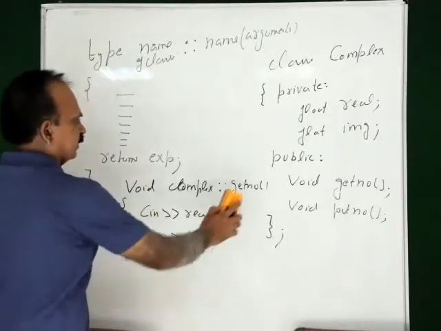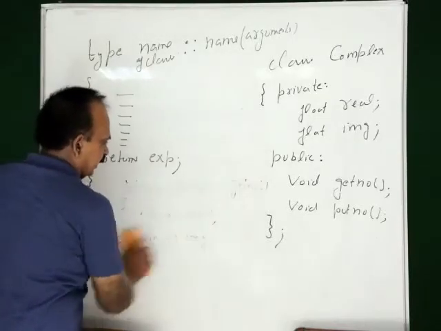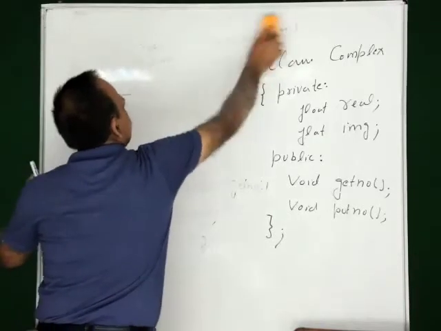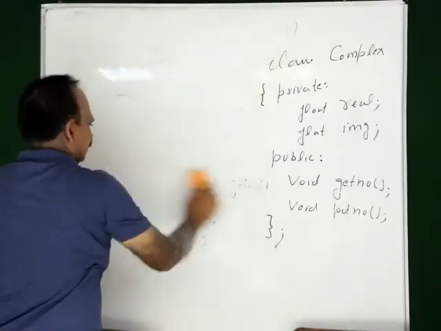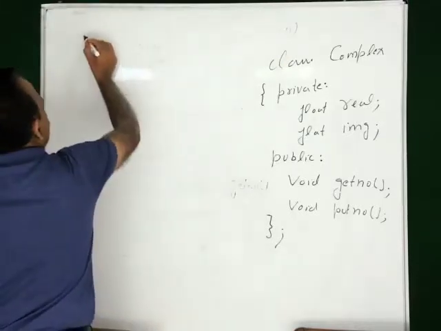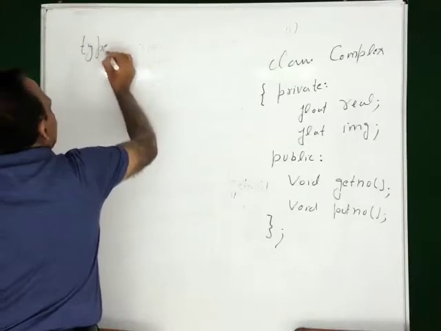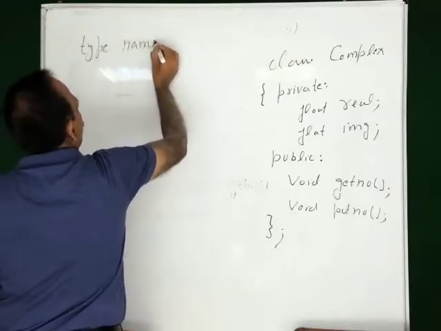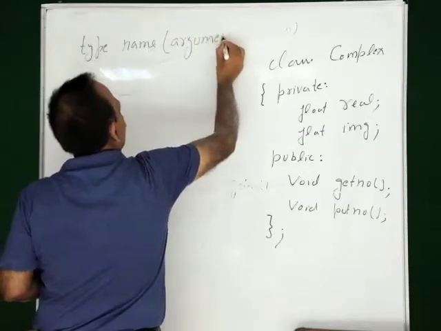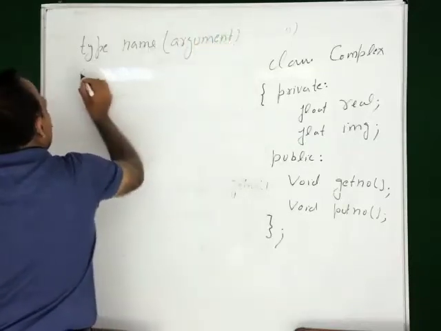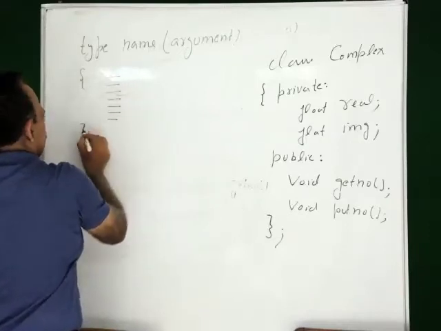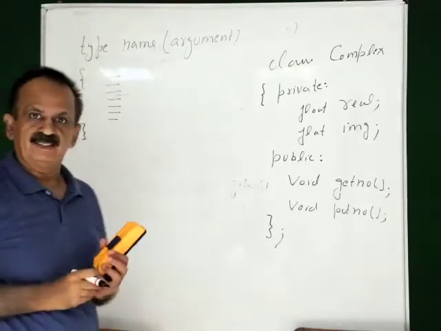The alternative method is that a function can be defined even within the class. Now when the function is defined within the class, first it is the type, then the name of the function, followed by the arguments. If I compare it with the first one, in this particular part, I did not use the class name and scope resolution operator.